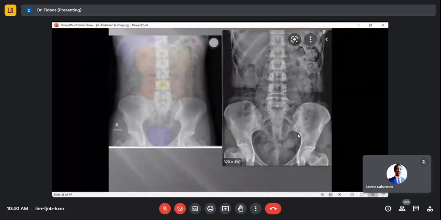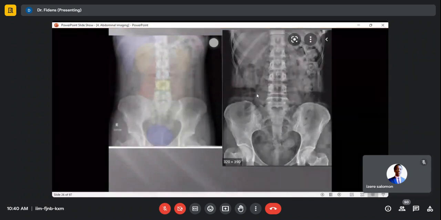What does this structure look like? A lucent line crossing the abdomen horizontally. I think it was like a belt or something making a depression of the abdominal wall.